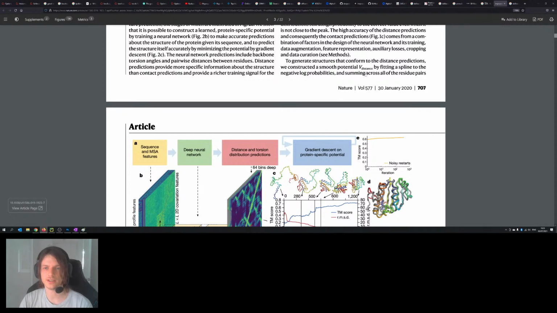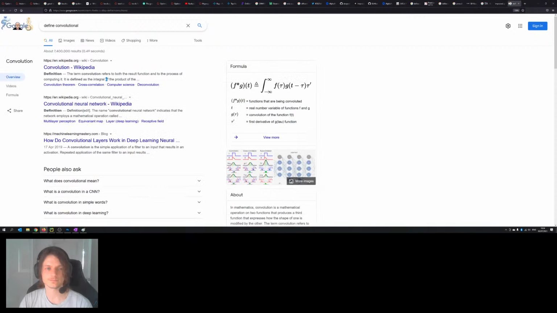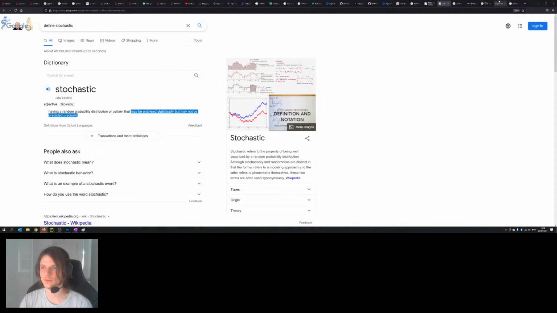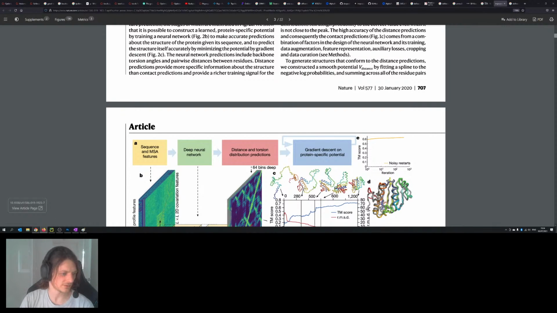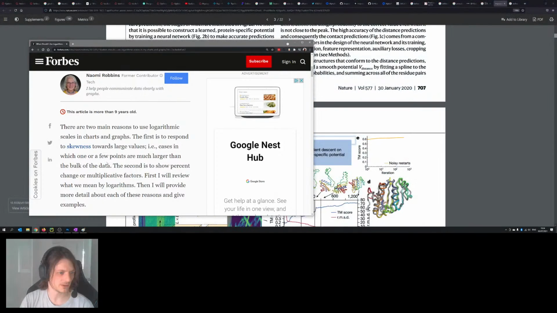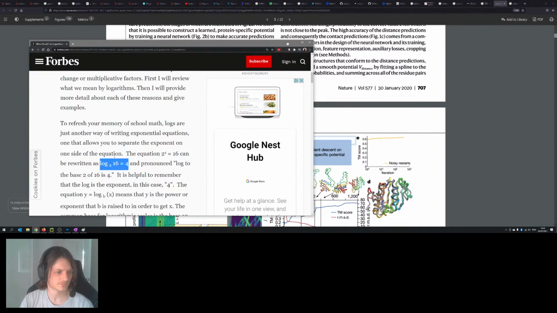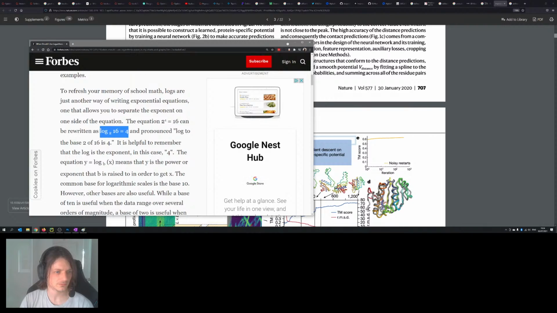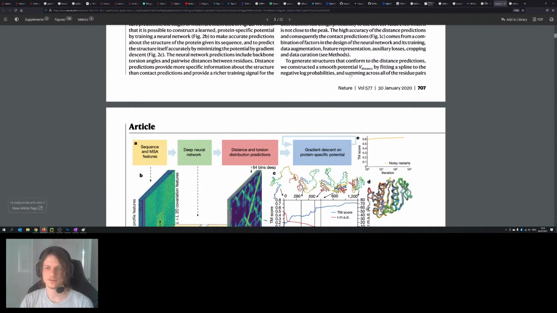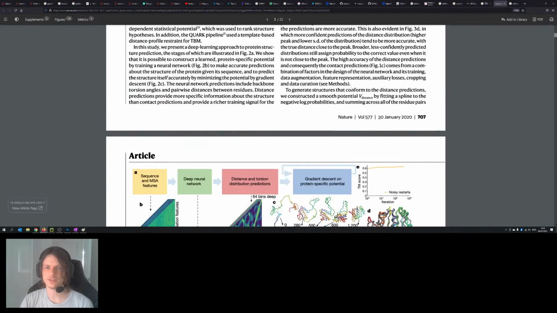Negative log probabilities and summing, because they want to find what that exponent was. Okay, I see. Summing across all of the residue pairs. Negative log. Okay, fine.